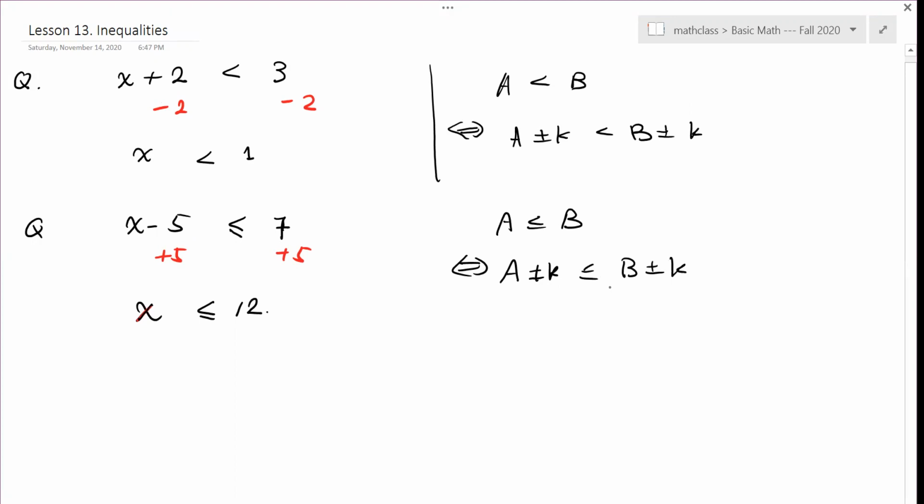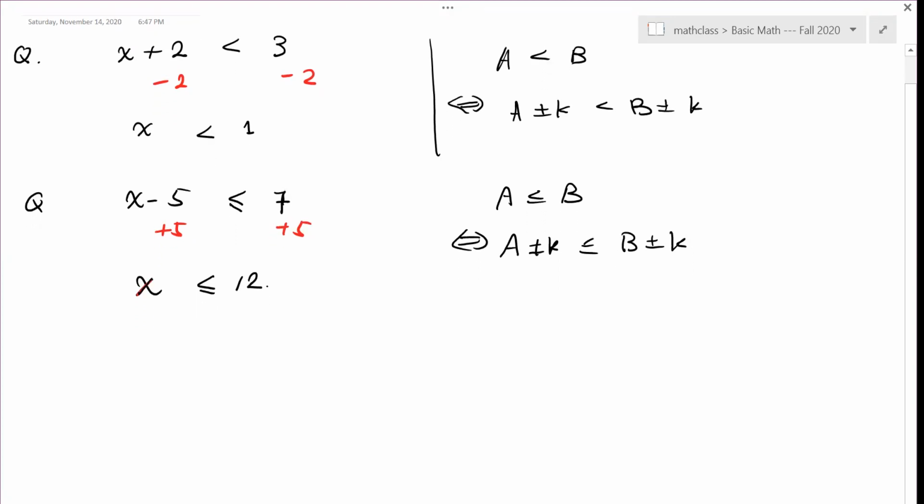Okay. So it's less than or equal to 12, okay? I don't know how the other people type. Erica just typed less than or equal to 12, okay?